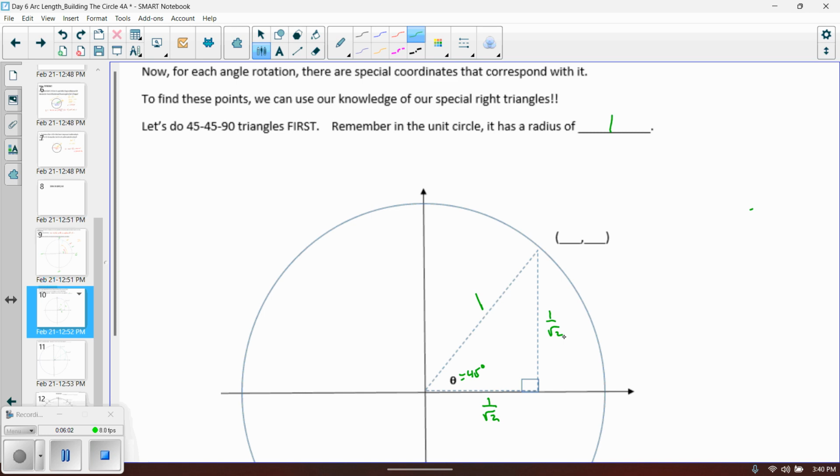Well, that's really nice because getting that is basically going to get us an x and a y coordinate. So the point on the circle up here is going to be the x value, which is in that direction, and the y value, which is in that direction. Well, they happen to be exactly the same. Now, if you can leave it as 1 divided by the square root of 2, I'm perfectly fine with that.